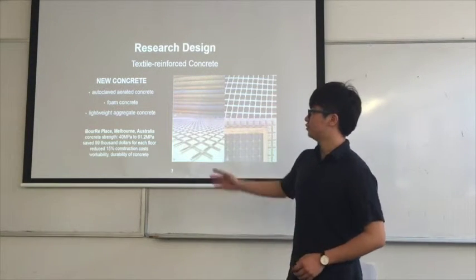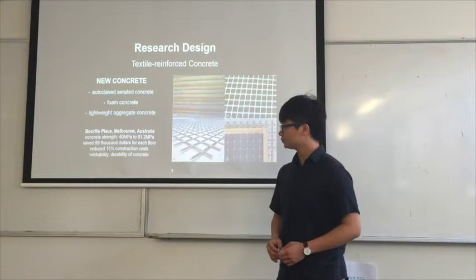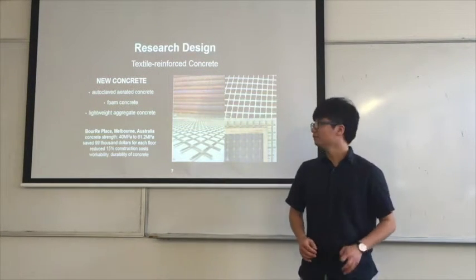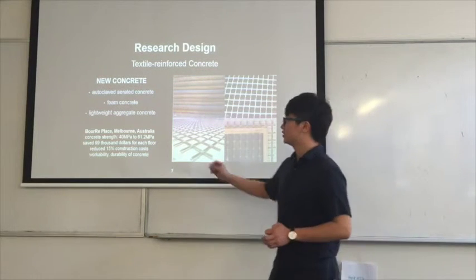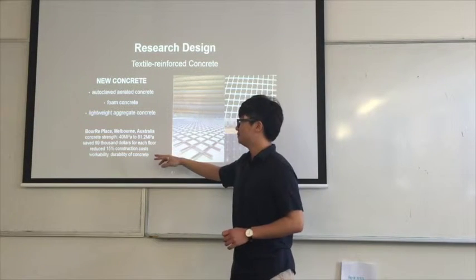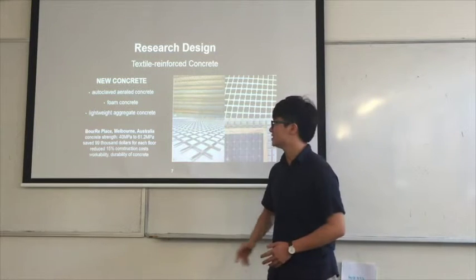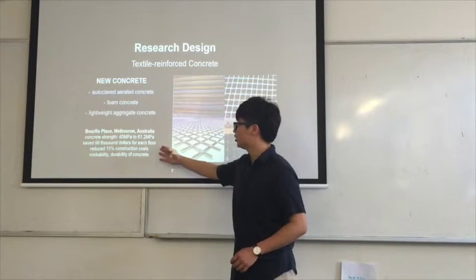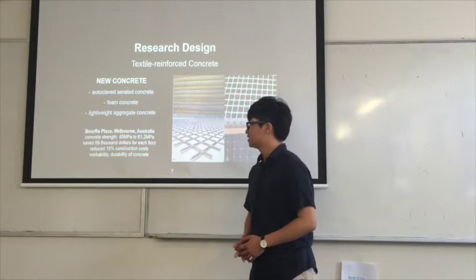In Melbourne, Bruce Place is a 5-level building. In this building, we used the new concrete, which raised the concrete strength from 40 megapascals to 61.2 megapascals, saved $99,000 for each floor, and reduced construction cost by 50%.